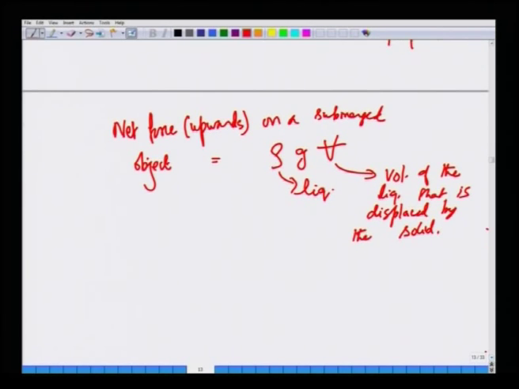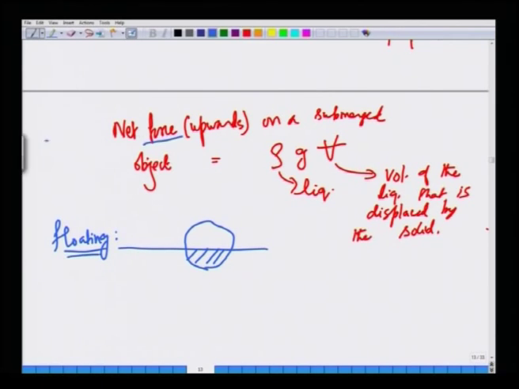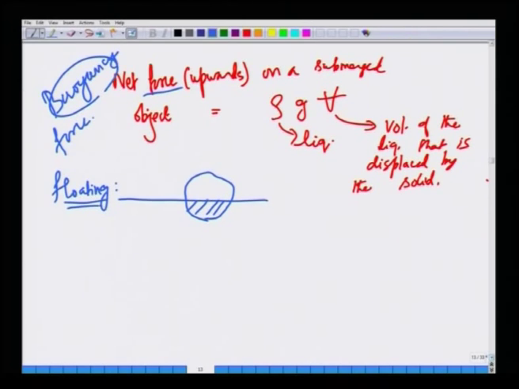If the object is partially submerged, like here only this part is submerged, then this is a floating object. By the way, this force is called the buoyancy force, and this principle is the Archimedes principle. So, for a floating object, the displaced volume is, let us call it V displaced.